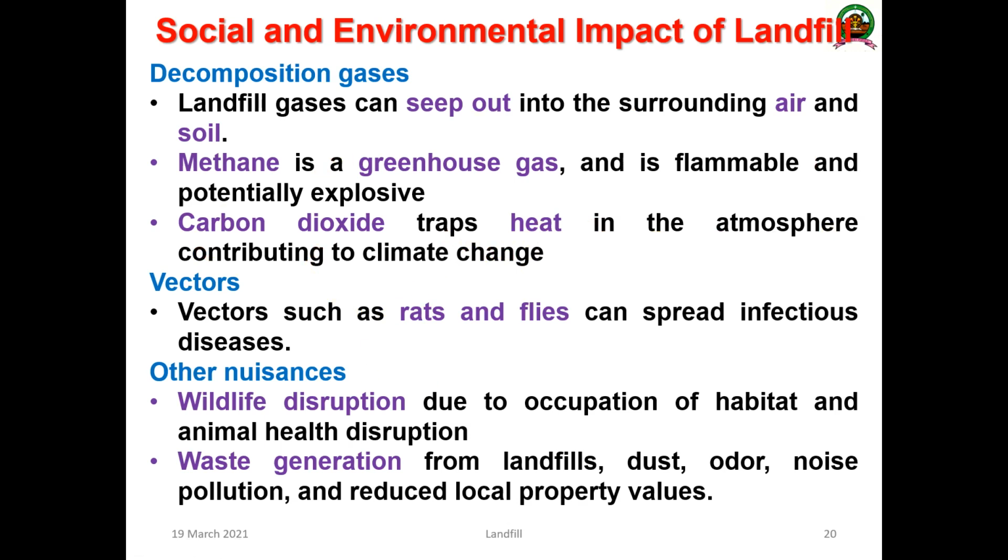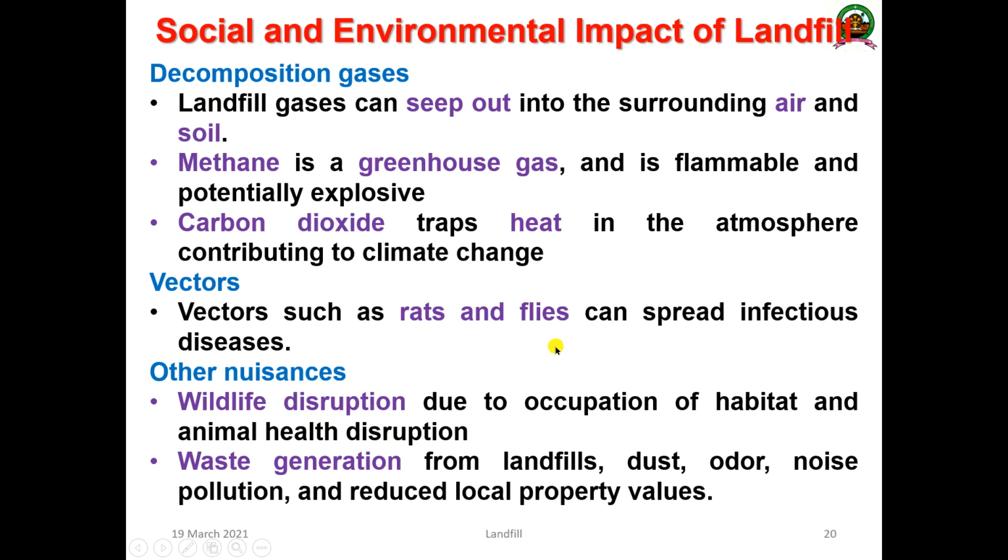In the initial figure, you have seen a lot of birds. These sites are breeding grounds for rats and flies that spread the waste material everywhere, and that acts as a way of spreading infectious disease. In addition to all those things, there are other nuisances like wildlife disruption.